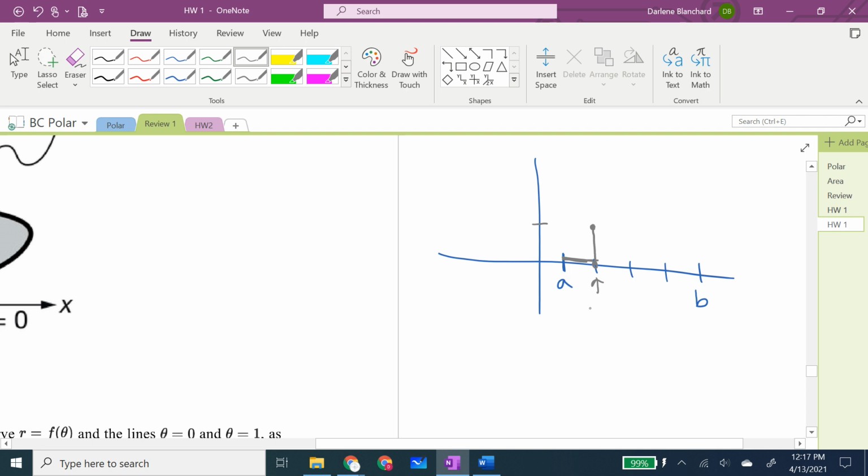So I'm going to call this x sub 1. This is f of x sub 1. Now, when I translate that into polar, that means for every angle sweep, I want to take the last angle of the sweep.